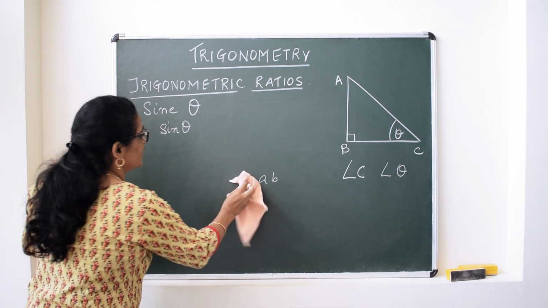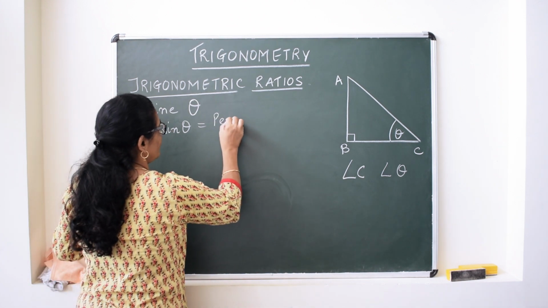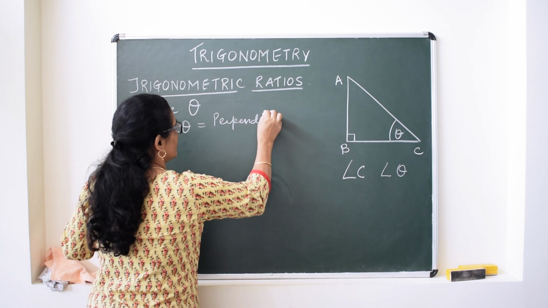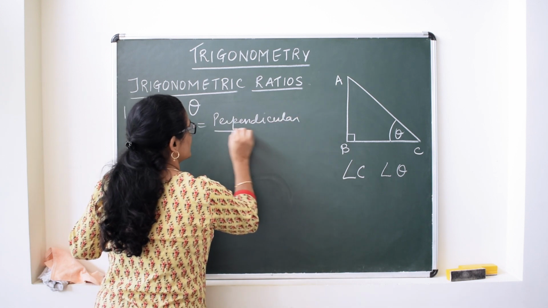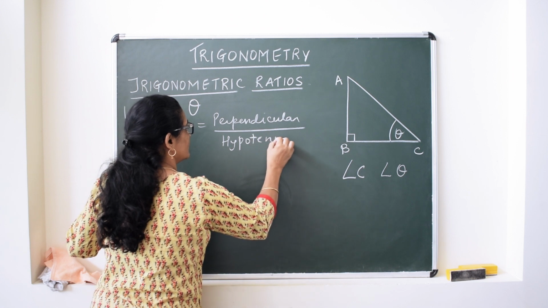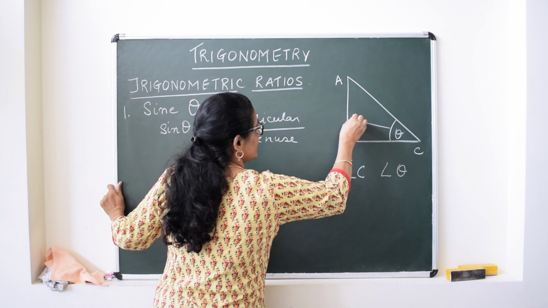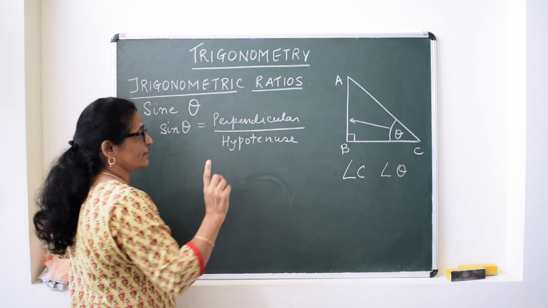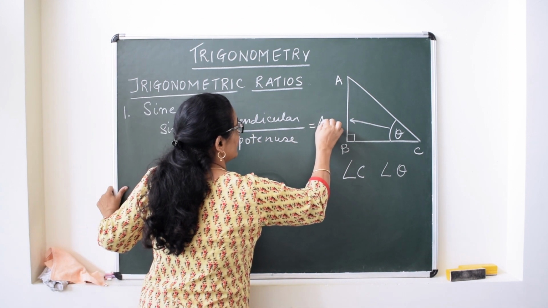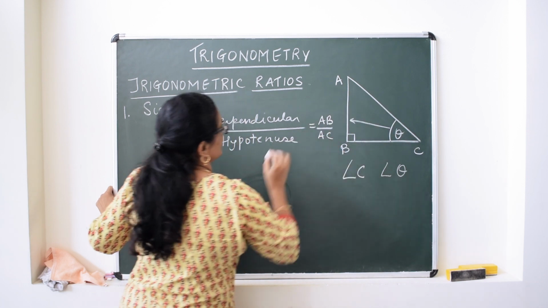The meaning of sin theta is perpendicular upon hypotenuse. For this theta, the perpendicular is the side opposite to it, as I said. So this will be AB upon the hypotenuse, AC.